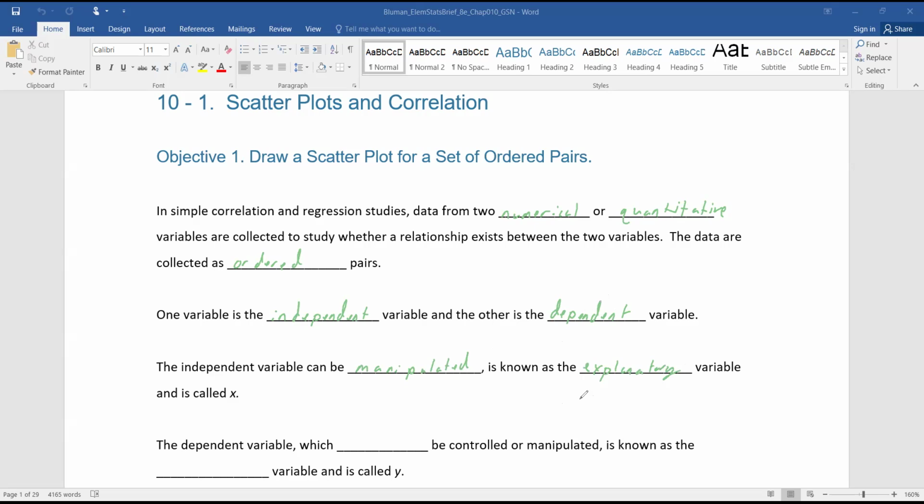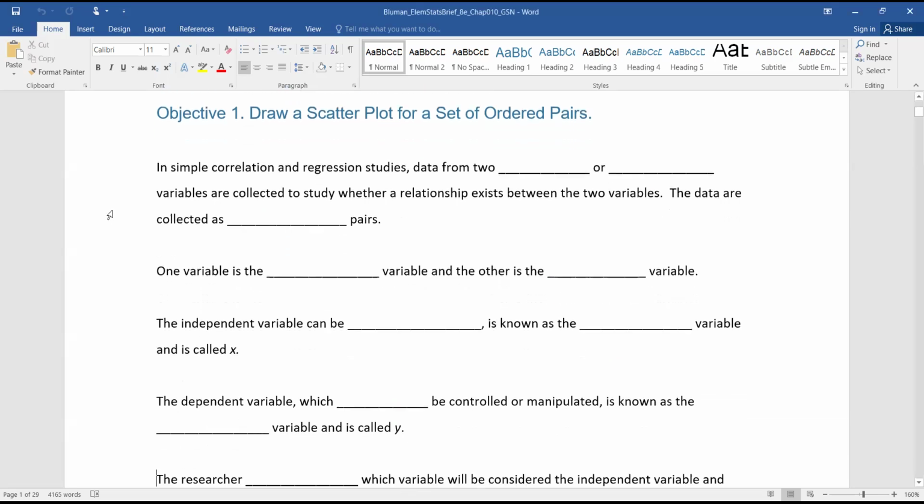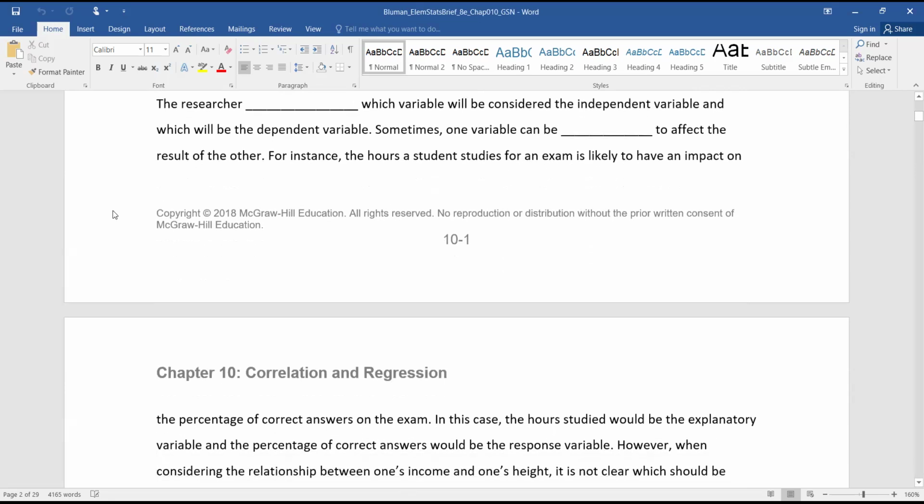The dependent variable, which cannot be controlled or manipulated, is known as the response variable and is called y. The researcher decides which variable will be considered the independent variable and which will be the dependent variable.